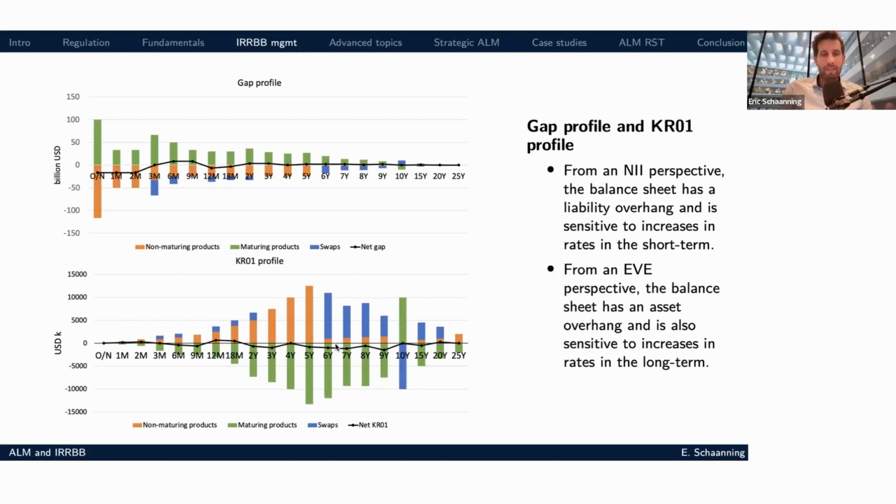At Silicon Valley Bank, what essentially happened is they had a large negative overhang. So you had lots of maturing products, the treasury, and we'll get to Silicon Valley Bank again to wrap up later. So you had a negative DV01. You were sensitive to rate increases, and then rates did increase, and you lost economic value.